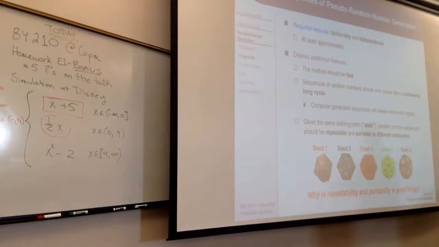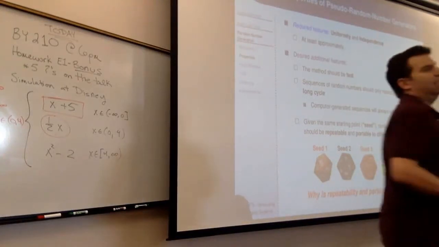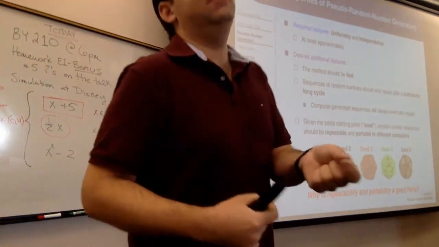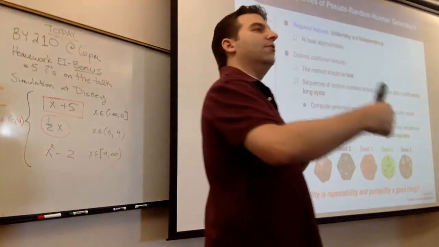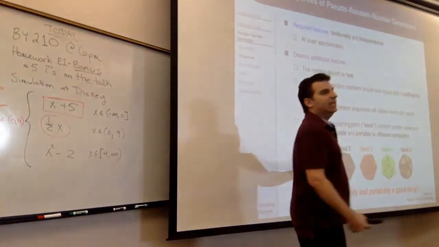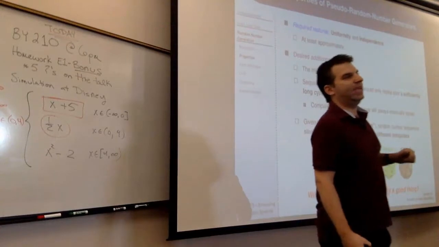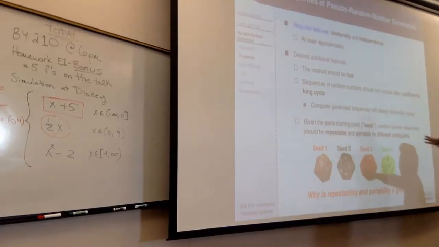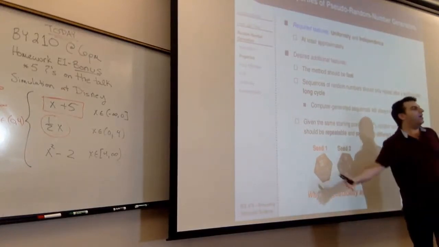It starts new replications with a different seed. But every time you start Arena, it starts with the same seed unless you force it to start with another seed. And the advantage of that is if you discover something interesting in one of your simulations, you can further investigate what was going on only by knowing the seed that was used in that replication. So I don't need to know the entire history of arrivals. As long as I know what seed I started with, I can rerun that universe.